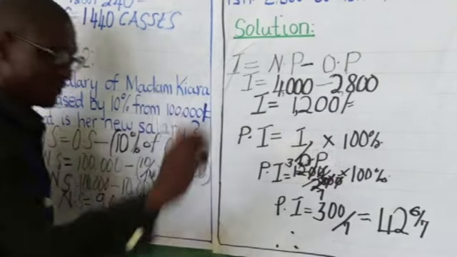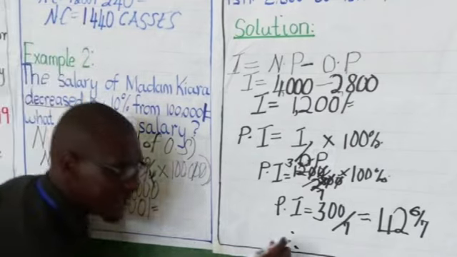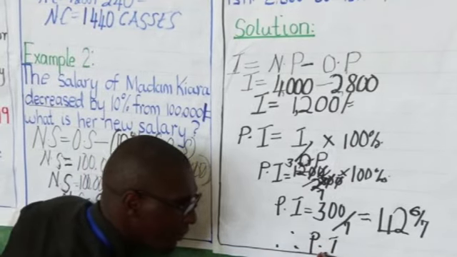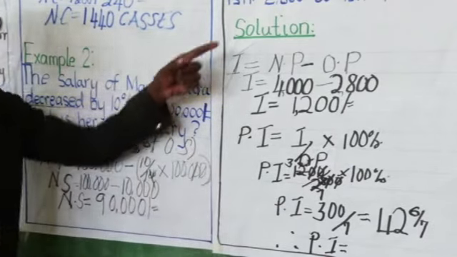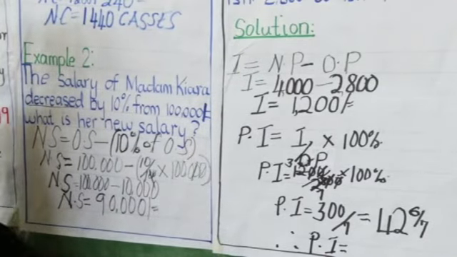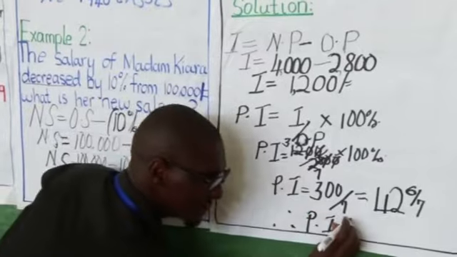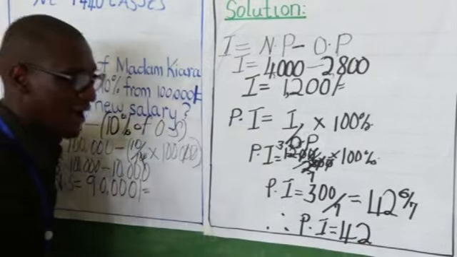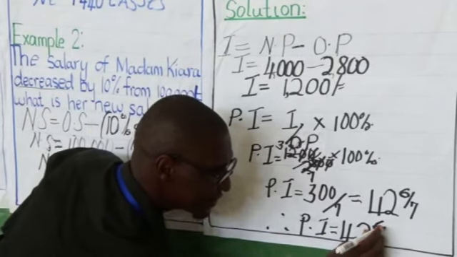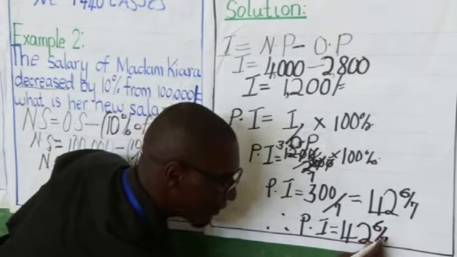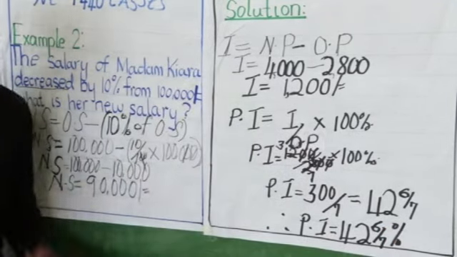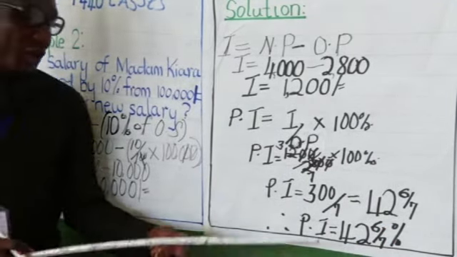So the percentage increase of this mask will be 42 and 6 over 7 percent.